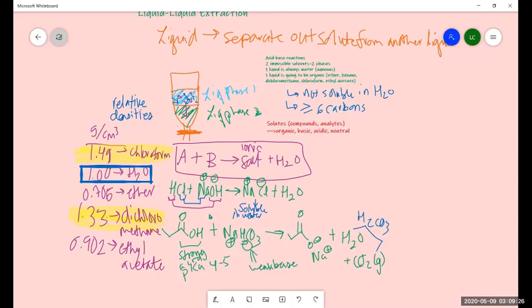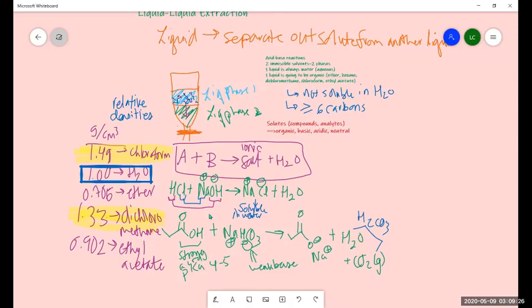Make sure you don't connect these two, because that's another mistake. Make sure they're not covalently bonded; it's ionic. And then the other thing you would get is water. And in this case you also get CO2 gas.